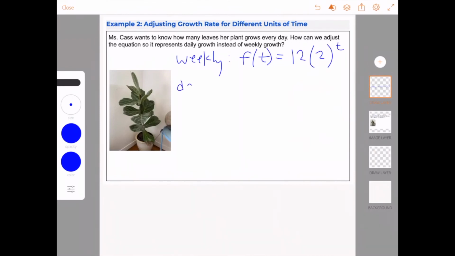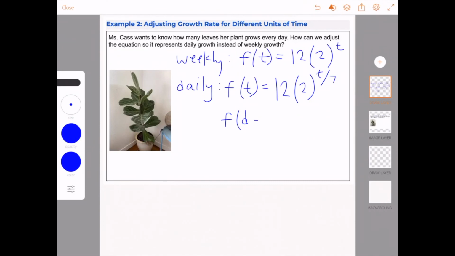And if we want to find daily growth, we'll use that same equation. We'll take f of t equals 12 times 2, and this time it'll be to the power of t divided by 7, right? That takes into account the fact that there are 7 days in a week.